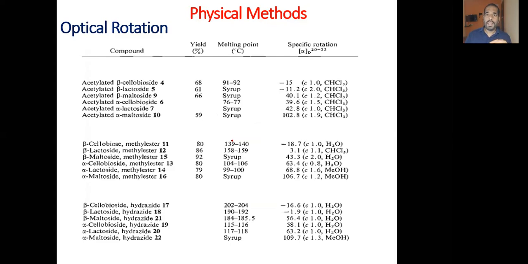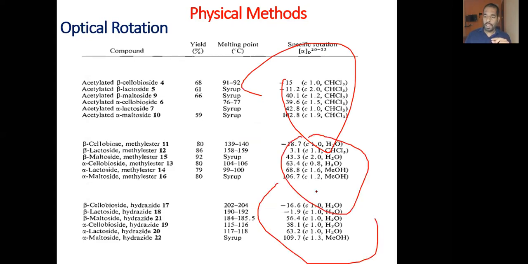Then next are the optical rotation examples. On your screen you will see the melting point and specific rotation in a given solvent, like minus 15, or 40, or 39.6. These are the specific rotations given.